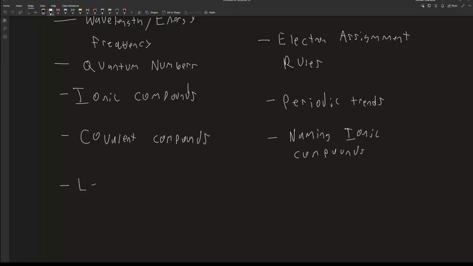So we have Lewis structure / formal charge. Bond angles. Molecular / electronic geometry.